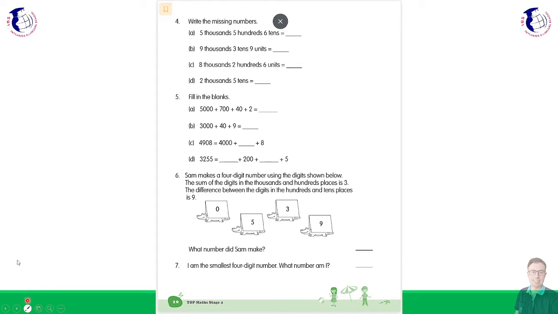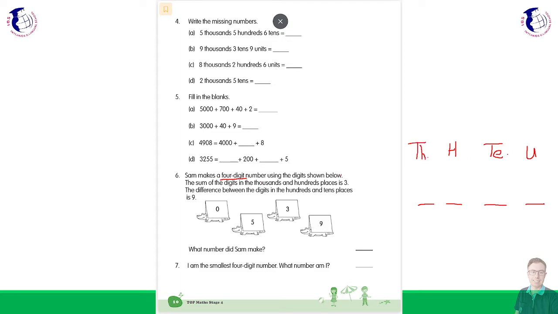What information do we have? It's going to be a 4-digit number, so 1, 2, 3, 4 digits. You can also write your place values here to help you: your units, your tens, your hundreds, and your thousands.